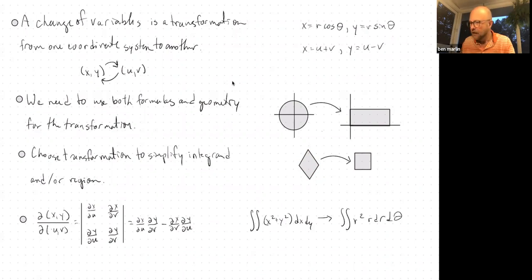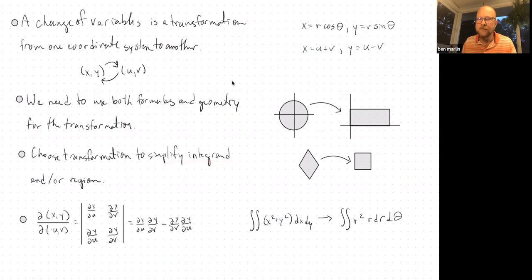All right. For most of these examples, you're going to be given x equals something, y equals something. But sometimes it will be necessary to choose your transformation. If you're choosing a transformation, you have to carefully choose something in u's and v's so that you will simplify your integrand.